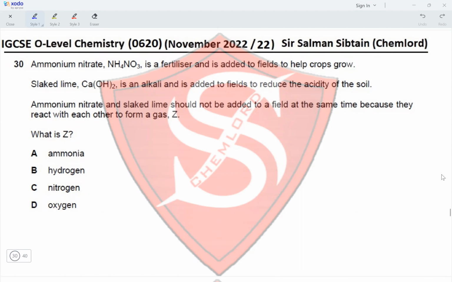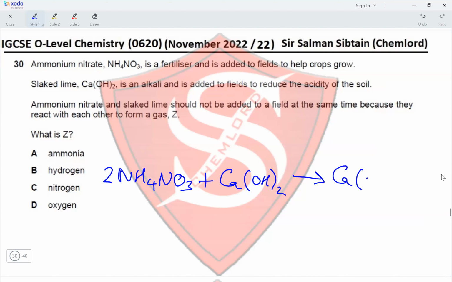So if we have NH4NO3, which is acidic in nature, reacting with Ca(OH)2, which is basic in nature, this would result in the formation of calcium nitrate, water, and the liberation of ammonia gas.